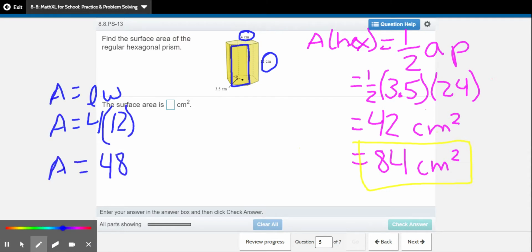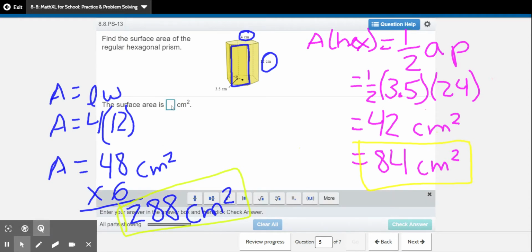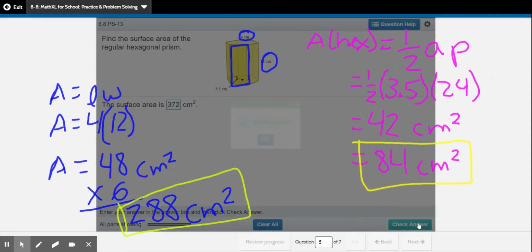And so one side is 48 centimeters squared, and we have 6 sides, right? All right, and we get 288. So again, we're going to use the numbers 288 and 84 to find our total surface area. And we get 372. Well done.